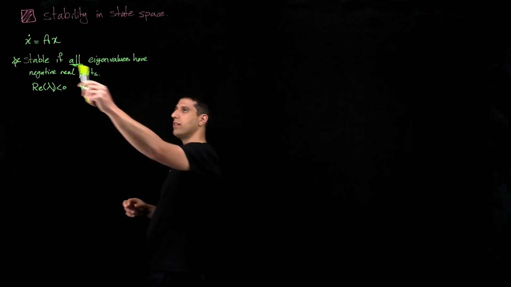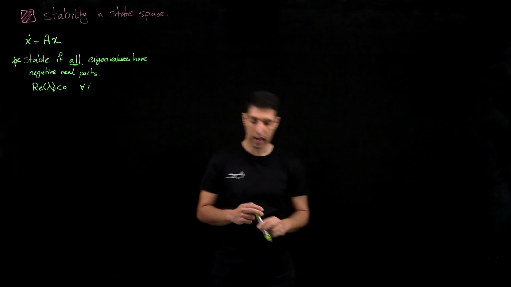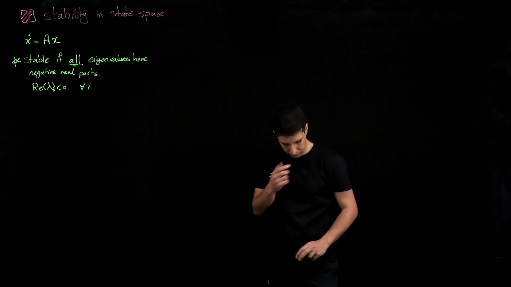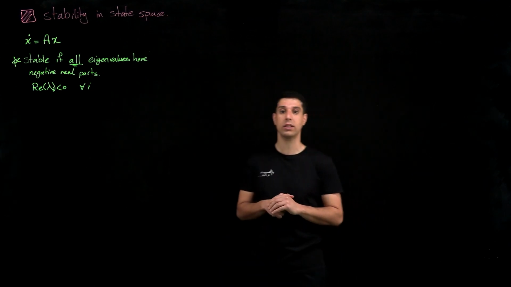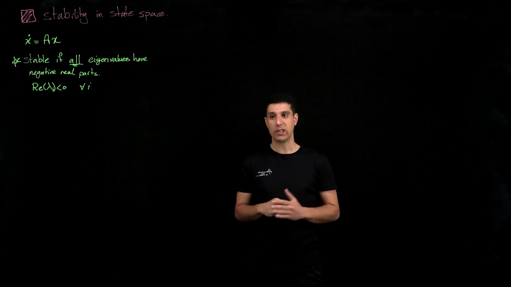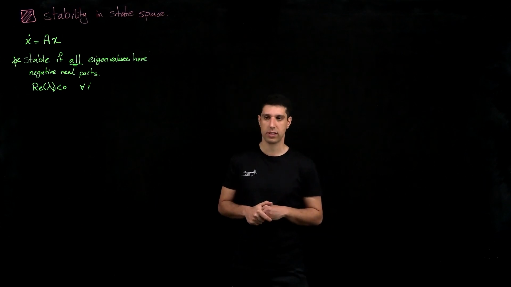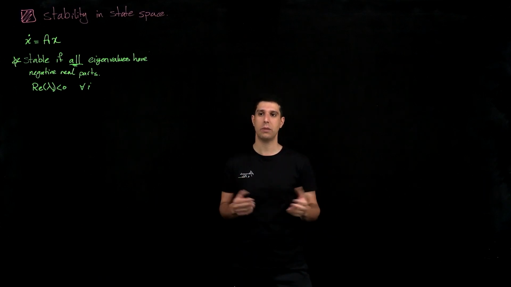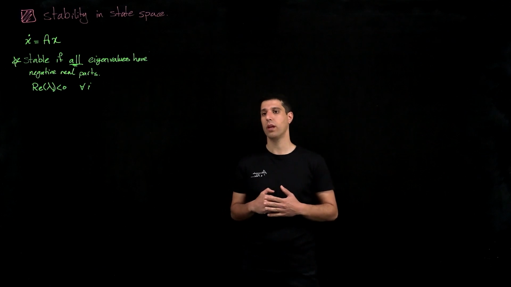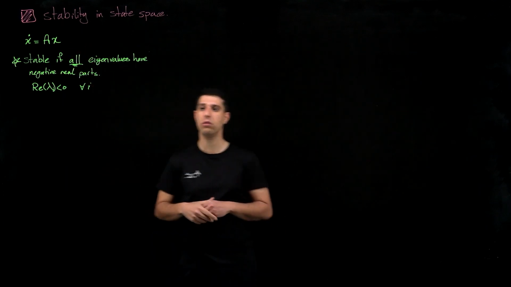So if I have a system represented as x dot equals Ax, and remember that the stability, even when we were discussing the transfer functions, was an inherent property of the system, so it wasn't really dependent on the input. Same situation here, that's why I don't have this plus Bu.